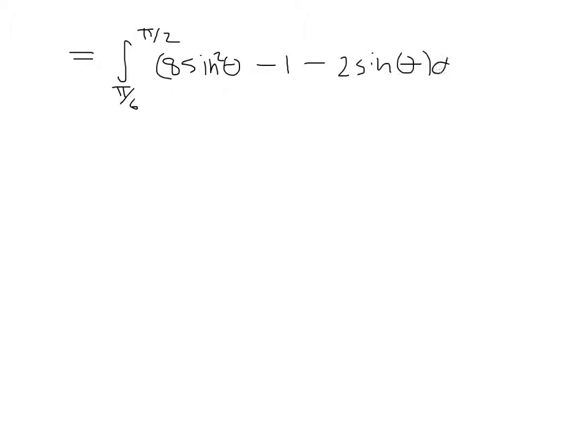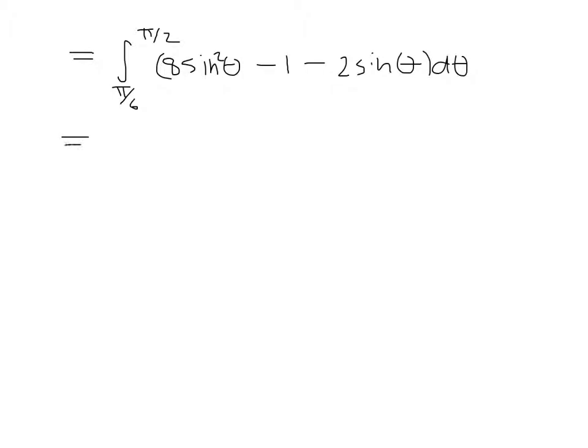Now that 2 will cancel the 1/2, and we can combine those integrals into one big old integral from pi/6 to pi halves. Now that 9 sine squared theta minus a sine squared theta will give us 8 sine squared of theta. And then minus 1 minus 2 sine of theta d theta.